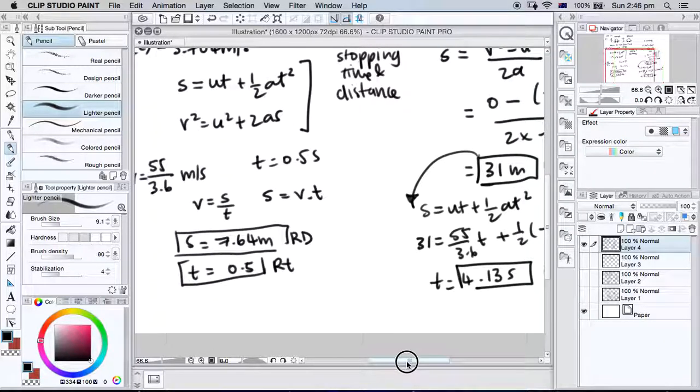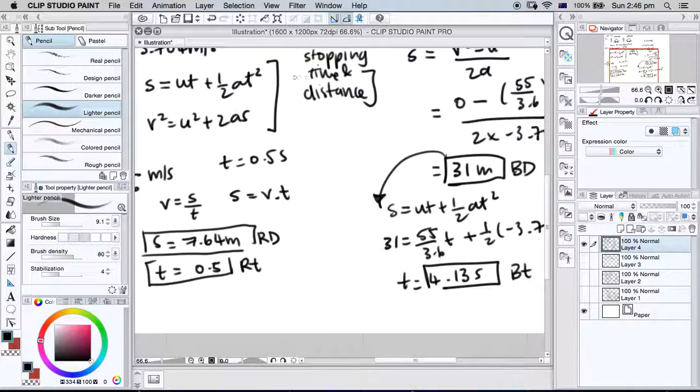Now what they want is the stopping time and the stopping distance. The stopping time would be the total time it took during his reaction and during his braking time, and the total distance would be the distance it took for him to react and then brake.